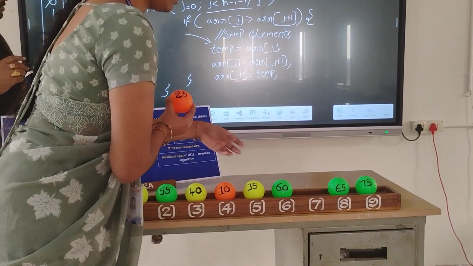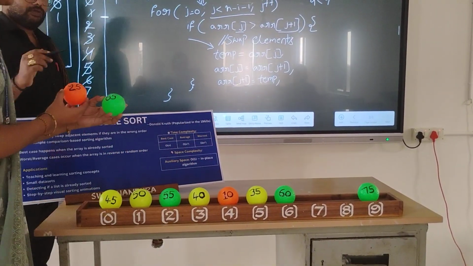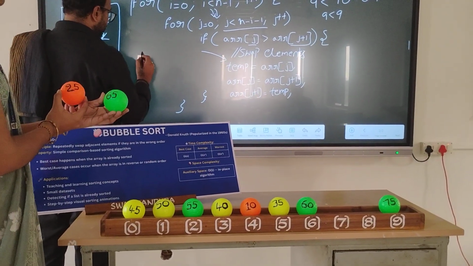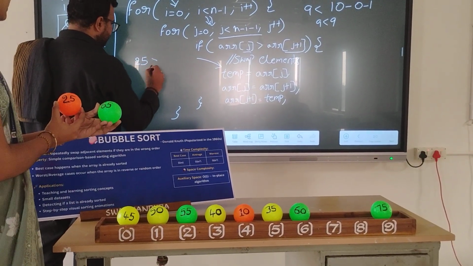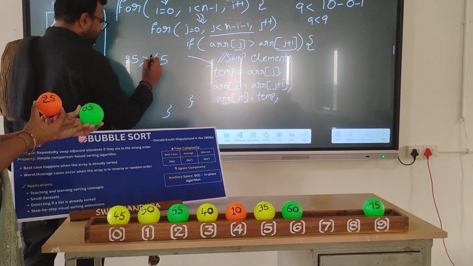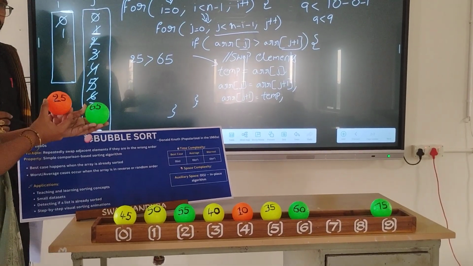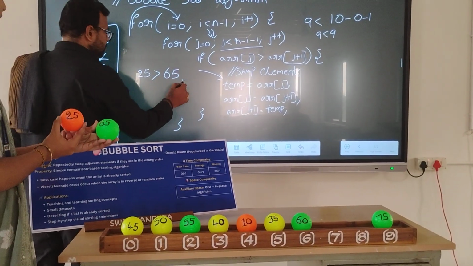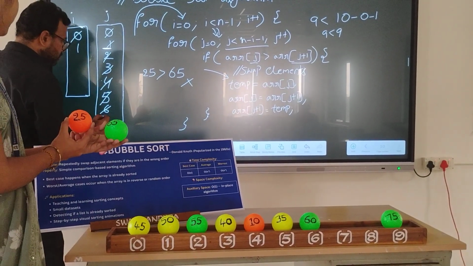J value is 7. What is the value at 7? 25. 25 is compared with 65. The condition is false. No swapping.